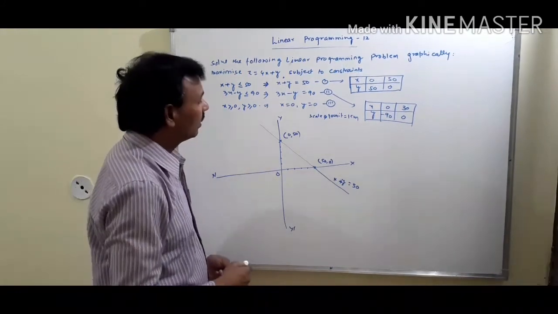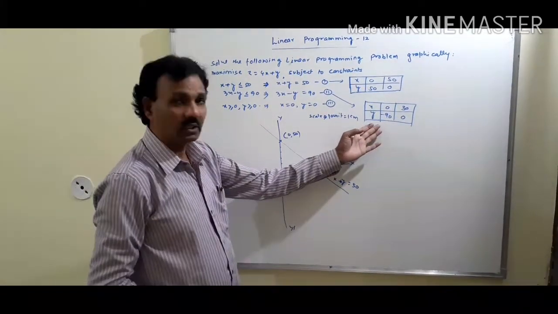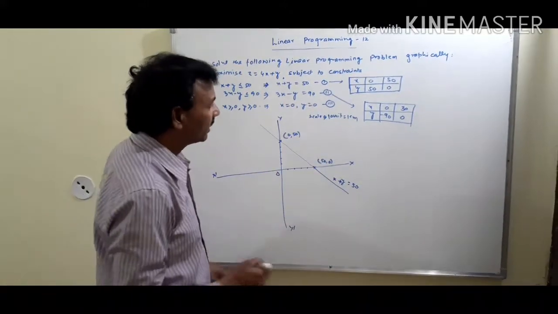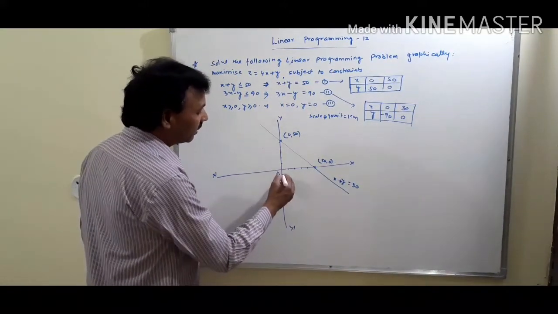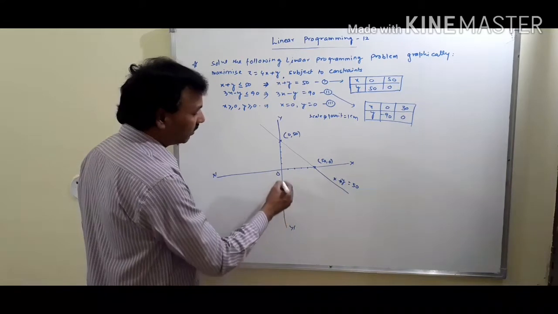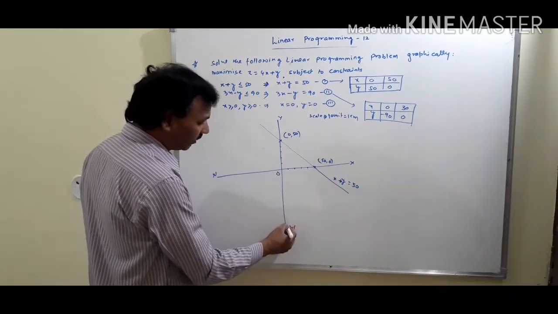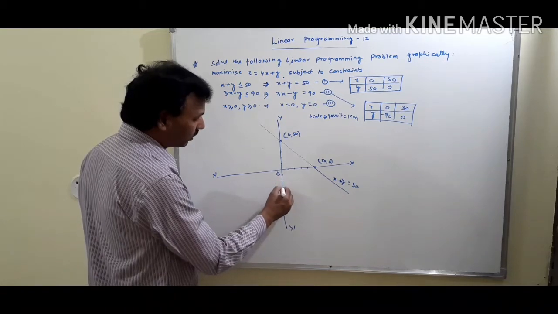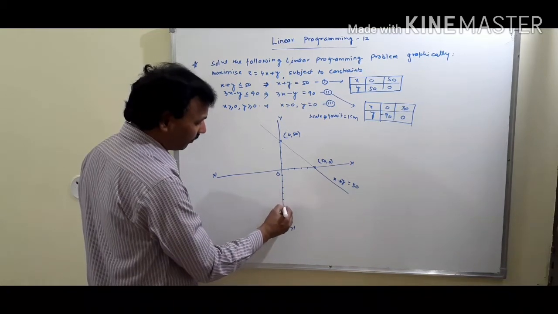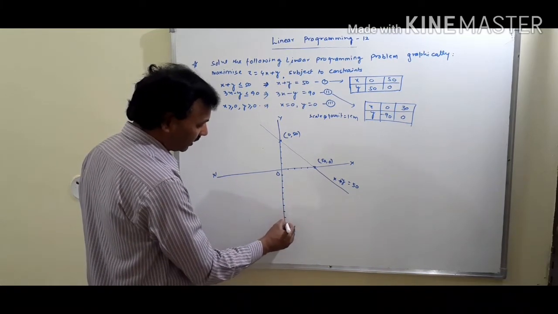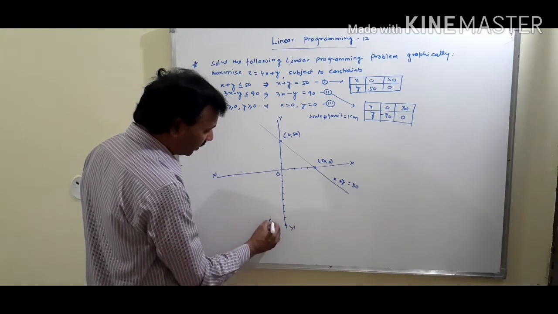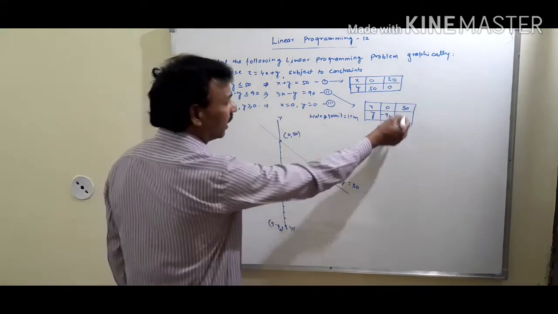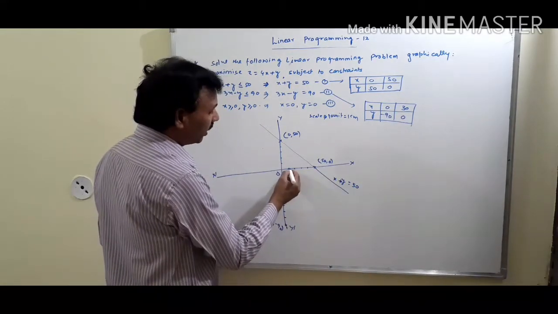Now draw the second line, 0, minus 90. Minus 90 means minus 9 centimeters in the negative direction on the y axis: 1, 2, 3, 4, 5, 6, 7, 8 and 9. This point will be 0, minus 90, and 30, 0 is 1, 2, 3.